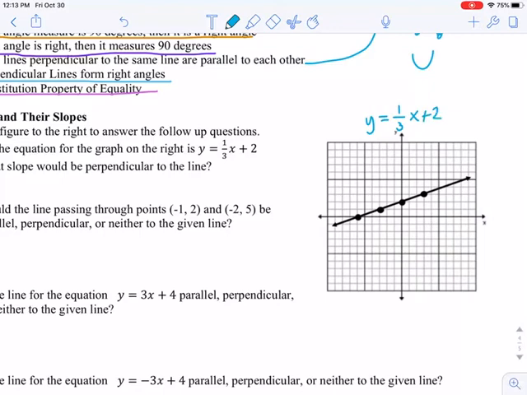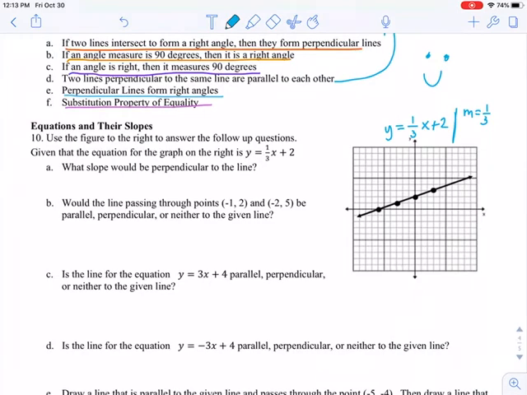Before we even get started, the slope of this line is 1/3. So what slope would be perpendicular to the line? Well, the slope's 1/3. For perpendicular, remember it's the opposite reciprocal, which means change sign and flip.